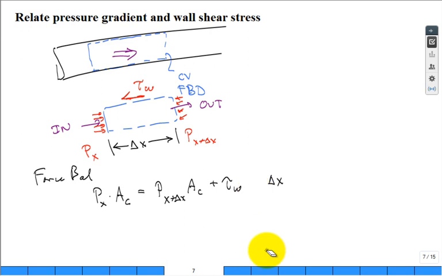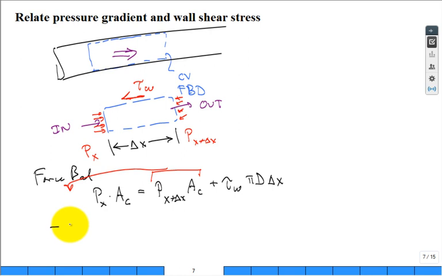Something times delta X, but not A sub C times delta X. I need the area, pi d. Pi d, that gives me that perimeter, pi d times delta X. True? Very good.